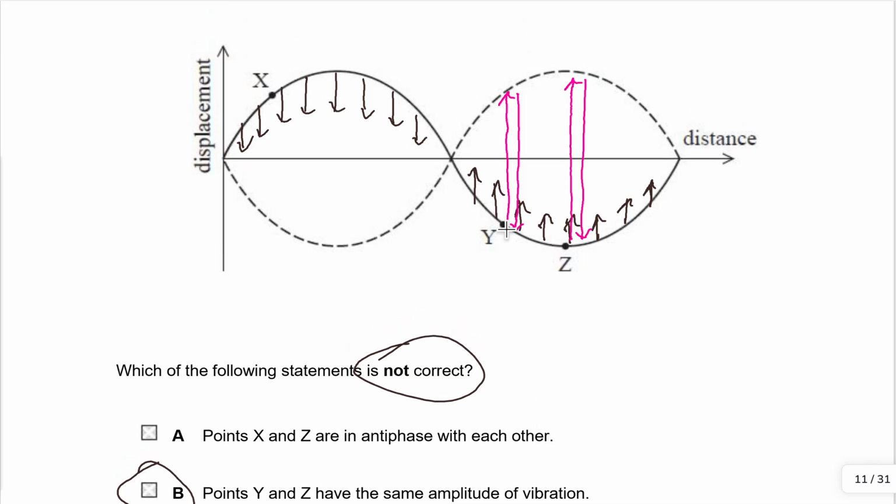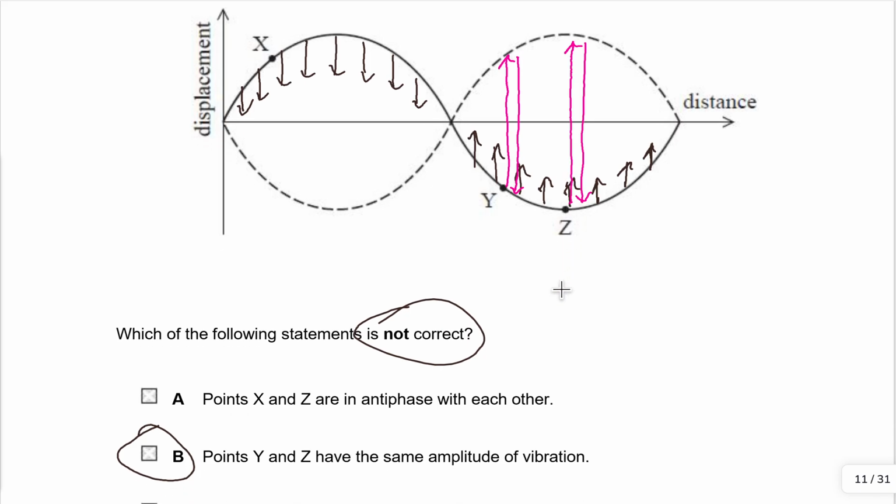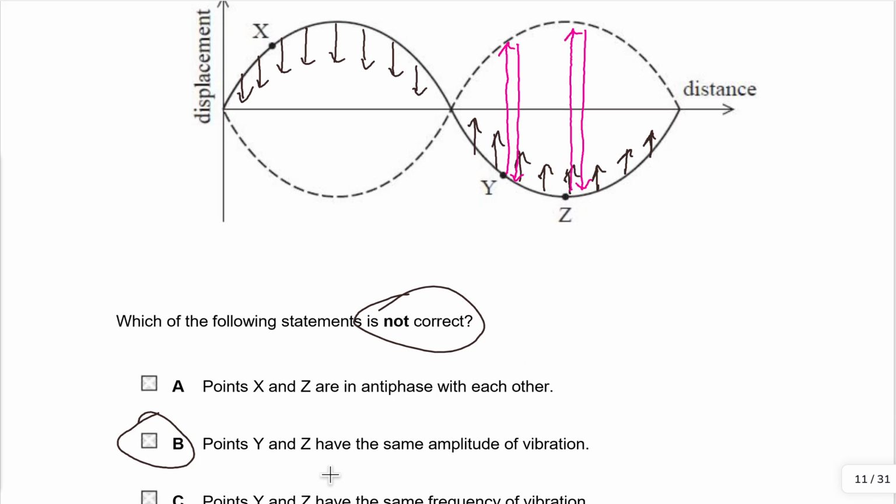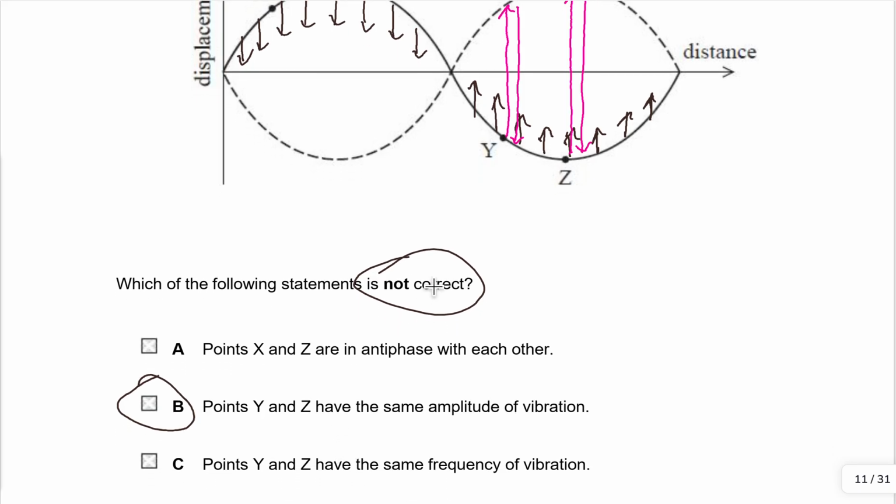Now let's look at where Y and Z are. Y has an amplitude from where its displacement is to the equilibrium. And if you look at those two distances from the displacement to the equilibrium, they are different. So therefore, statement B is incorrectly stated, and that's what we're looking for.